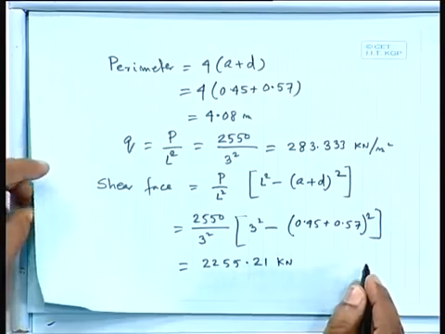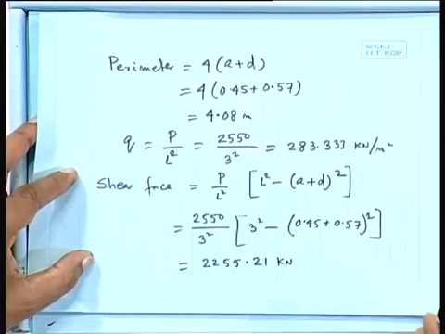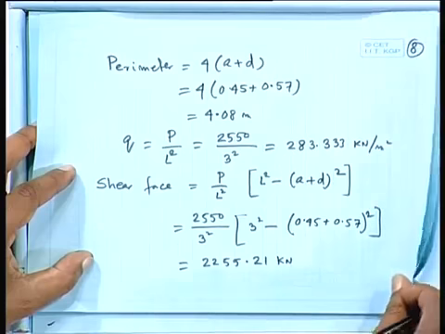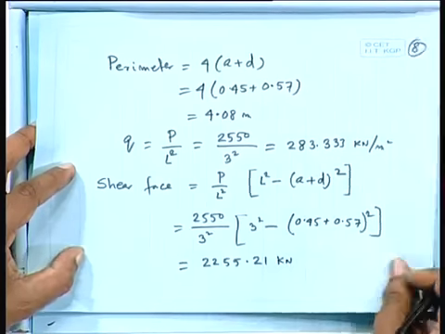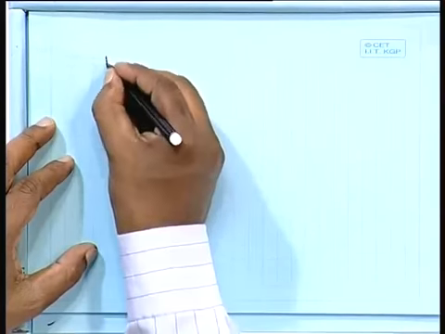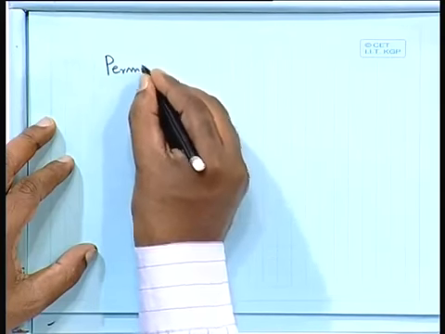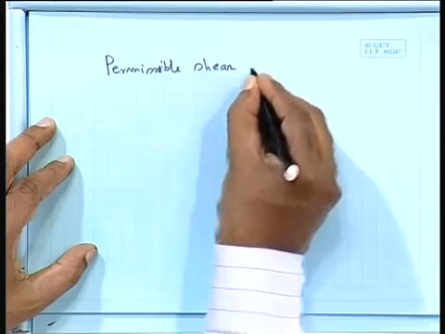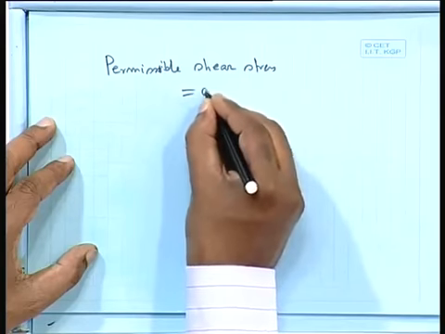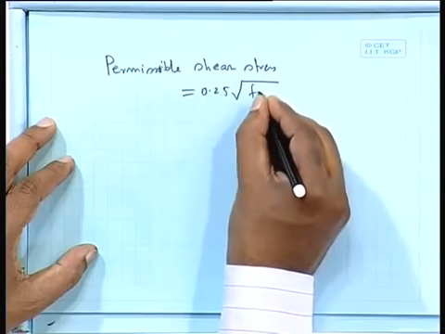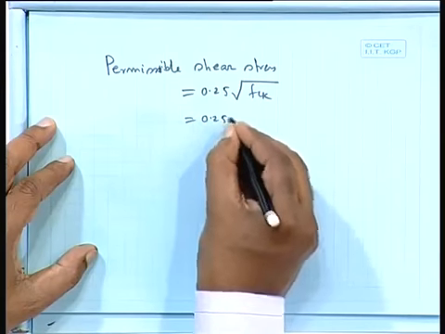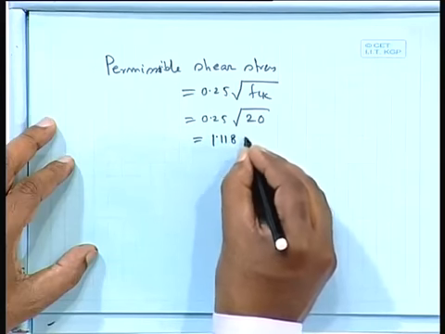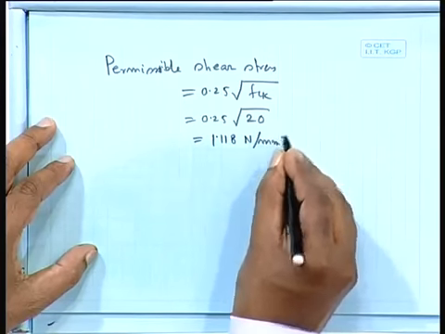What about the permissible shear stress? Permissible shear stress: 0.25 root FCK equal to 0.5 root over 20 equal to 1.118 Newton per square millimeter.